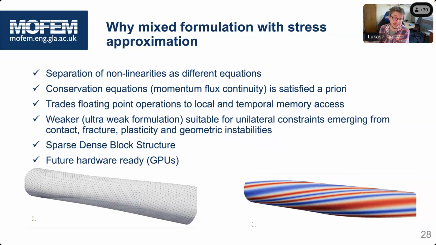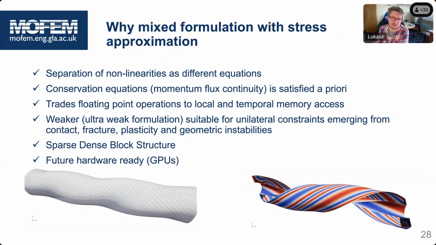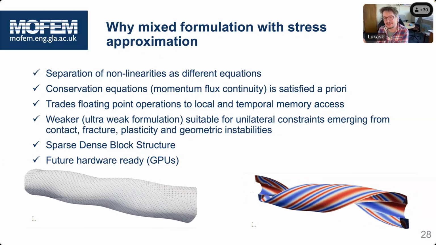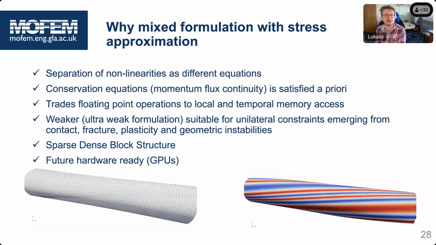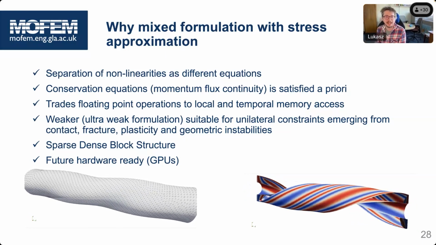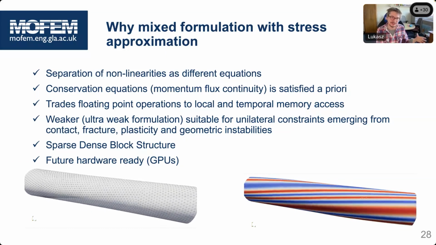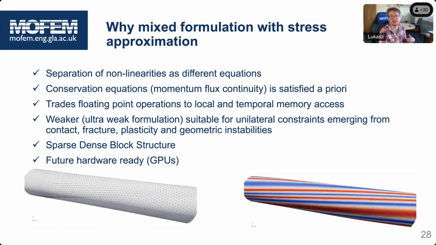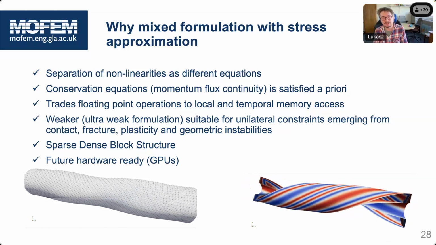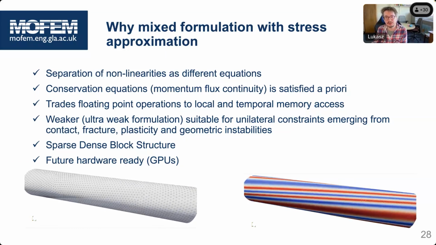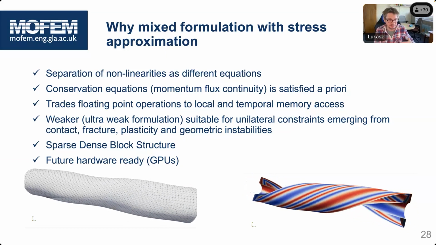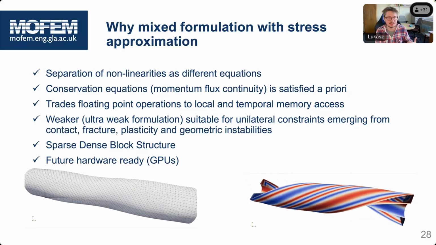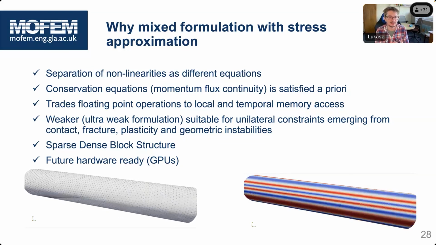So you can see why those elements were not successful in the 90s, because you wanted to limit the complexity. But now is the time for mixed formulations. Because we have this weak or ultra-weak formulation with lower regularity, it's perfect for managing unilateral constraints: plastic fronts, fracture, plasticity, geometrical instabilities when cusps are created.